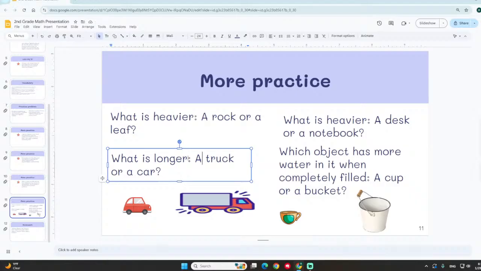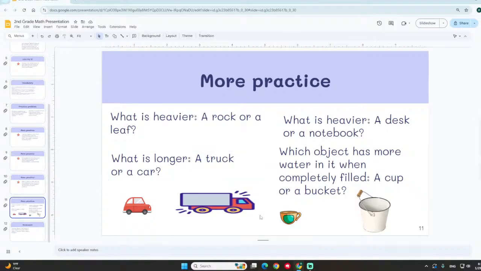Okay? Because if we look at the length here, from this part to this part, that's going to be more than in a car, because a car is smaller, the length isn't as much.